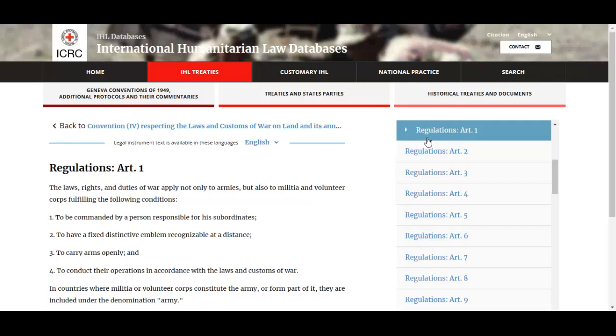In countries where militia or volunteer corps constitute the army, or form part of it, they are included under the denomination army. Article 2.